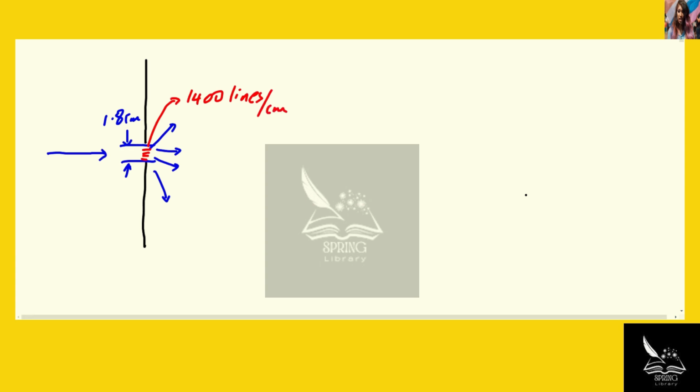We do have 1.8 centimeters, and then think about having 1,400 lines per centimeter going through. The wavelength of this light, lambda, is equivalent to 450 nanometers. That's your lambda.